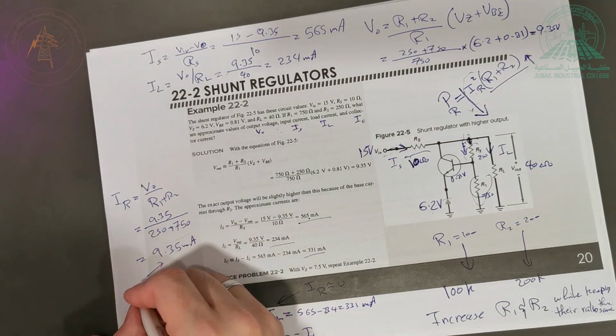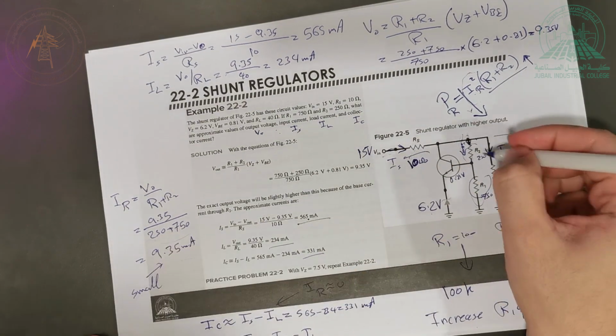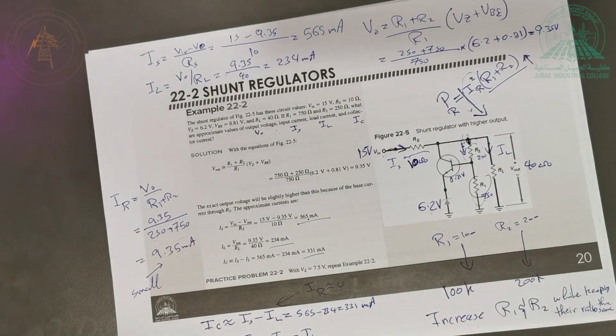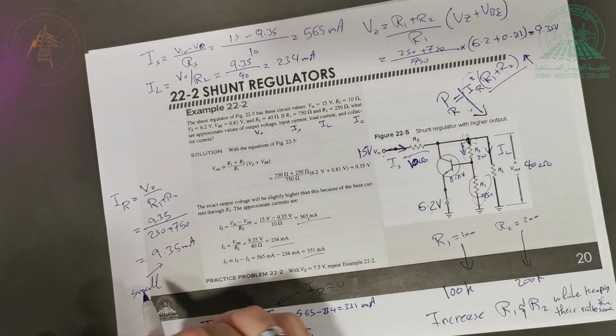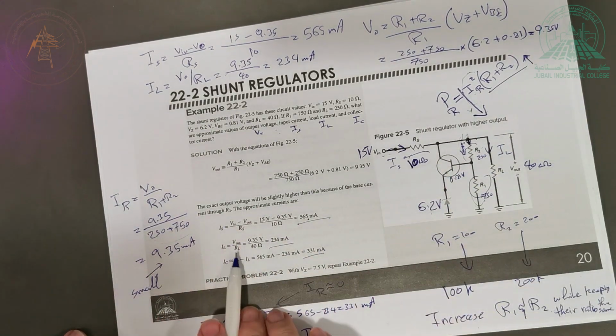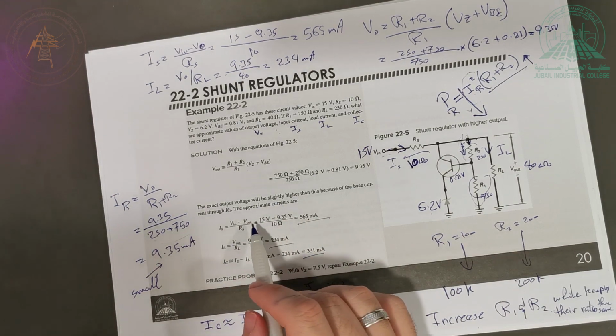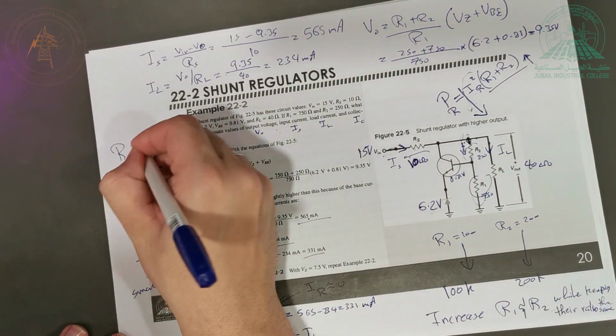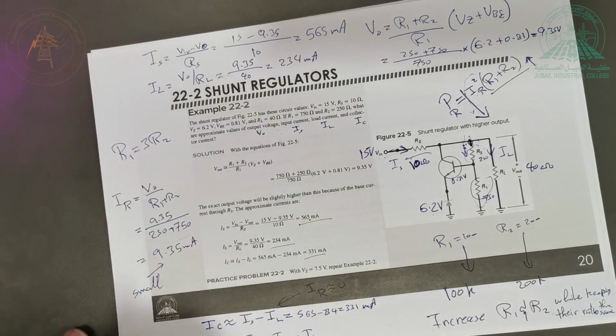Why is this small? Because R1 and R2 are large. You can even make this smaller by increasing R1 and R2. Notice, what is the relationship between R1 and R2? In this case, R1 is 3 times R2.